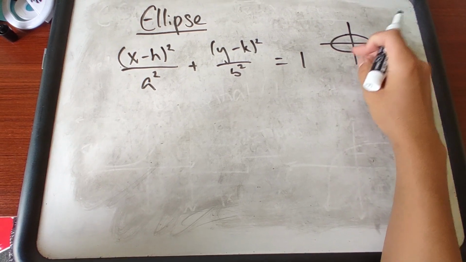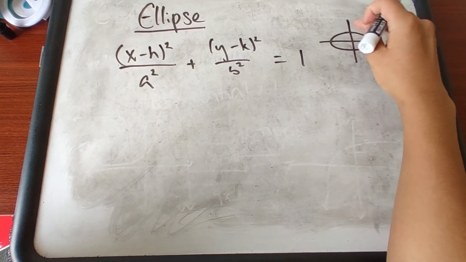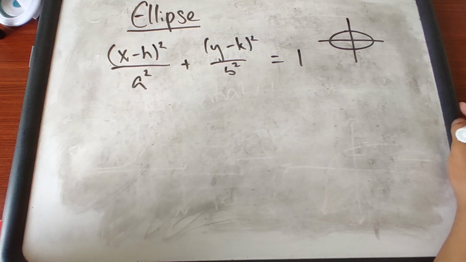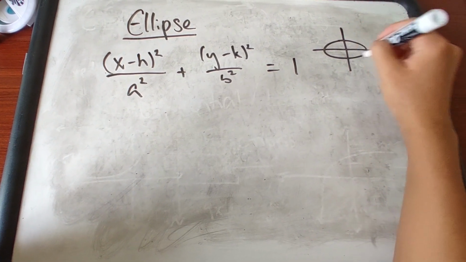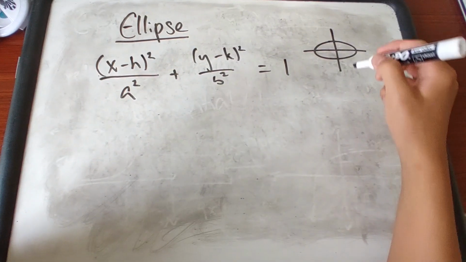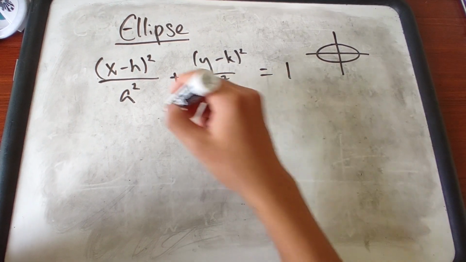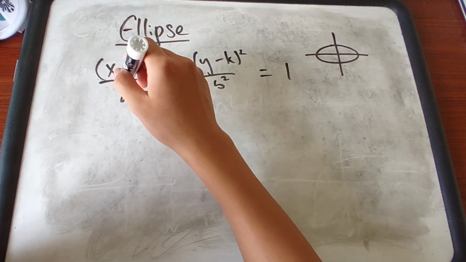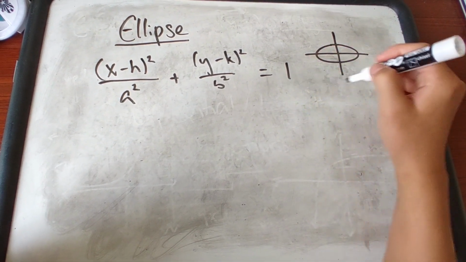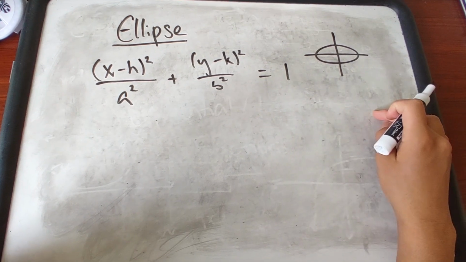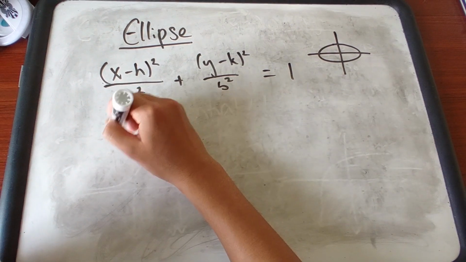So one side, if you look at it vertically, one side would be shorter than the other, and the longer side correlates to A, and the shorter side correlates to B. So in this case, since A is under x, the horizontal side will be longer, because A is whichever side is the longer side.